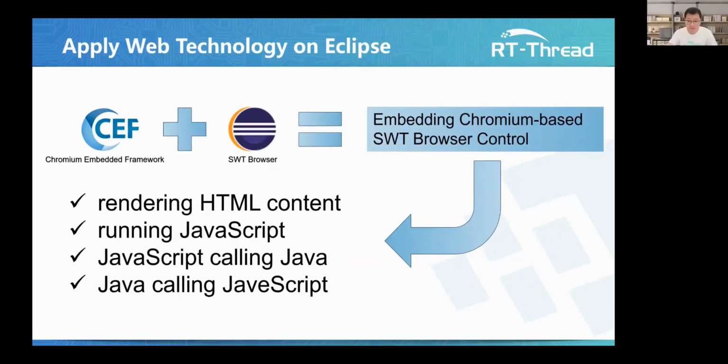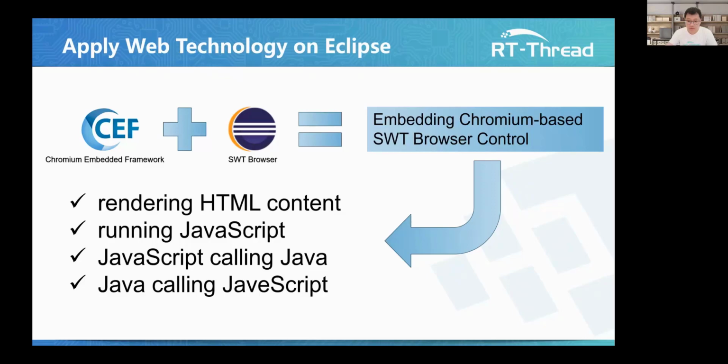Luckily, RT-Thread Studio found a new way to implement a beautiful user interface with web technology on Eclipse. We combined CEF and the SWT browser to implement a Chromium-based SWT browser control. This control can render HTML while running JavaScript.